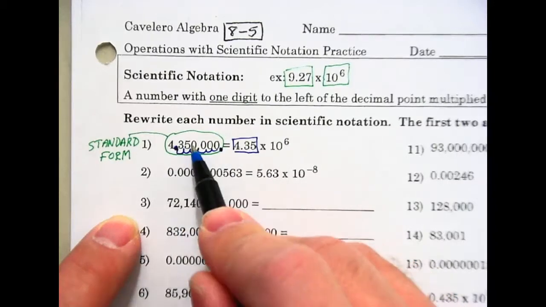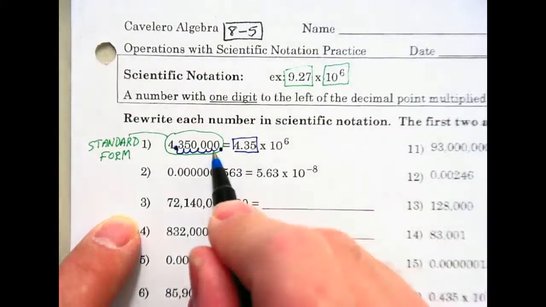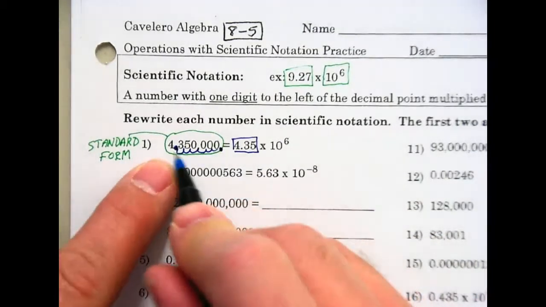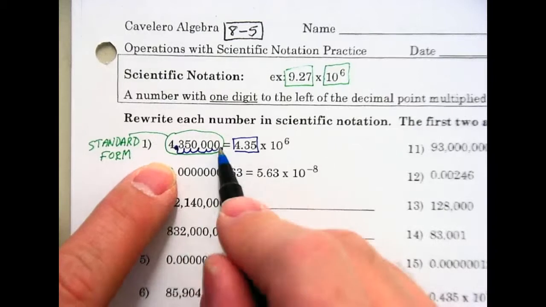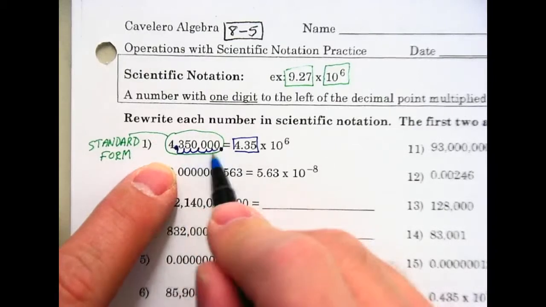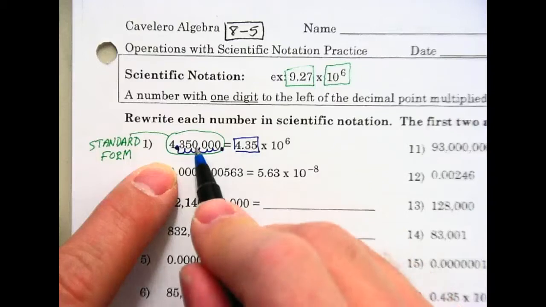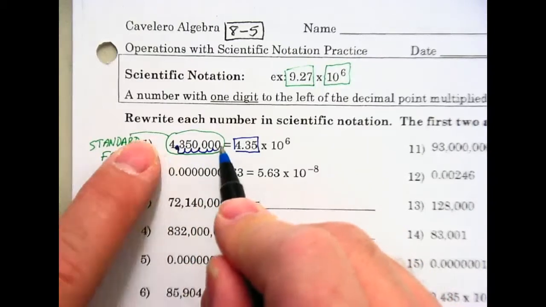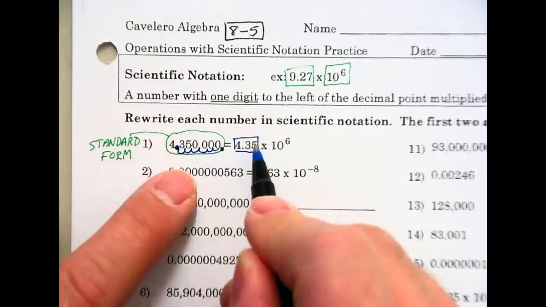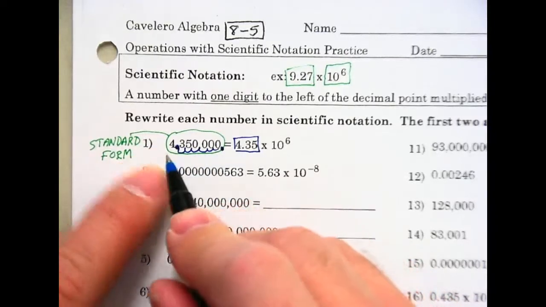We drop all these zeros off the end. 4.35 times 10, well, when I changed 4,350,000 to 4.35, did it get bigger or smaller? So is 4.35 bigger or smaller than 4 million? It's smaller. So my number went from a really big to a really small. It got smaller by 6 decimal places, right?